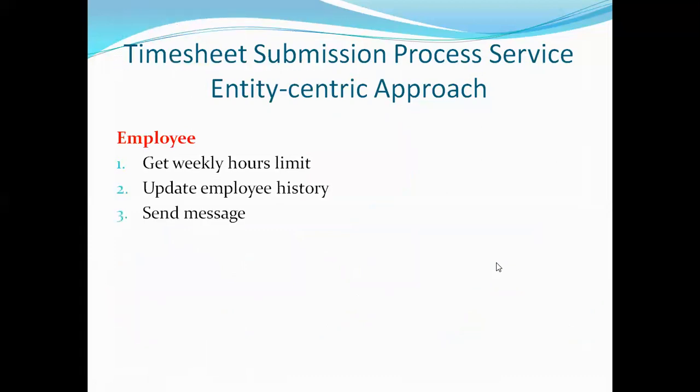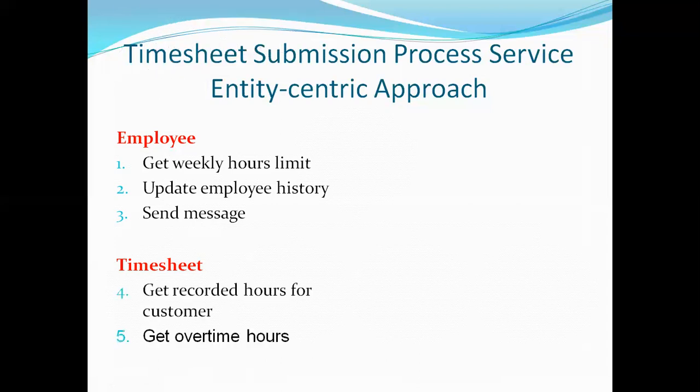So the first entity is employee, and these are the methods based on the employee entity: get weekly hour limit, update employee history, and send messages. In case of timesheet, get recorded hours for customer, get overtime hours for the customer, and get authorization.